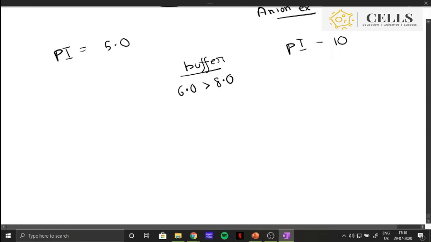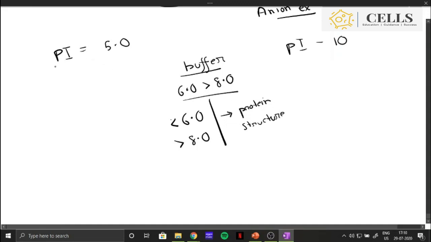This is the normal buffer composition. If the pH is below 6 or more than 8, it will do damage to the protein structure. It will hamper the protein structure. You can't change this much.